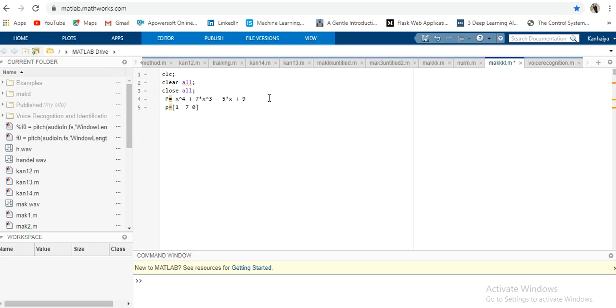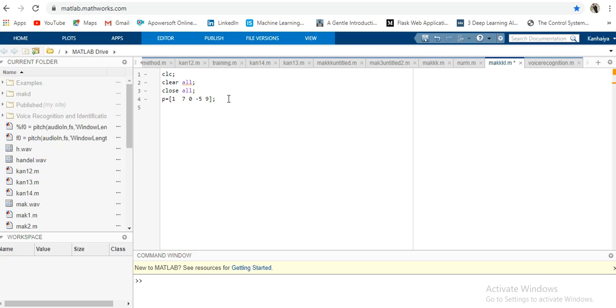Never forget to put coefficient equal to 0 for the powers which are not mentioned, because it will not give the correct answer. So we have written 1, 7 and 0 for x to the power 2, and minus 5 and 9 for the constant. This is our array we have taken in the form of a matrix.